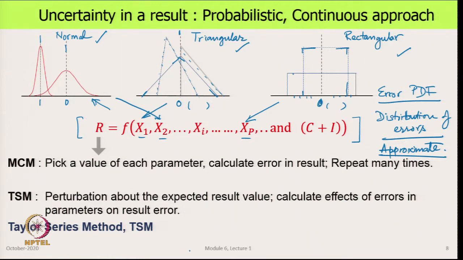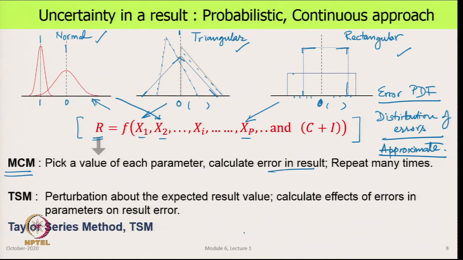So, the two methods that we have, first is the Monte Carlo method, the MCM. And what it tells us is that first pick up the probability density function for each variable, then out of that function pick out one number at random, that is the mean value. So, that is the value, and use that value to calculate the result.